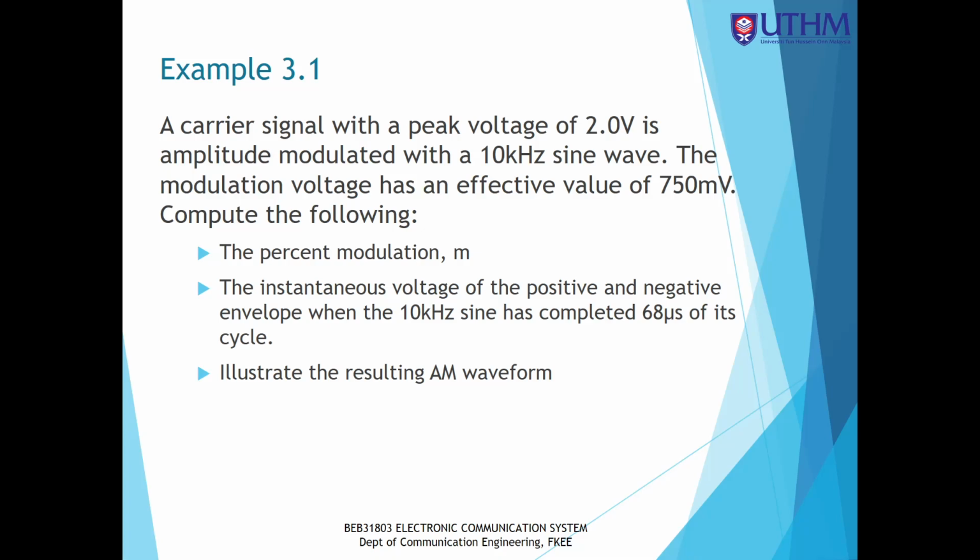Example 3.1: a carrier signal with a peak voltage of 2 volt. The keyword here is carrier signal with peak voltage, so this is referring to Vc. The carrier is amplitude modulated with another signal that has a frequency of 10 kilohertz sine wave.